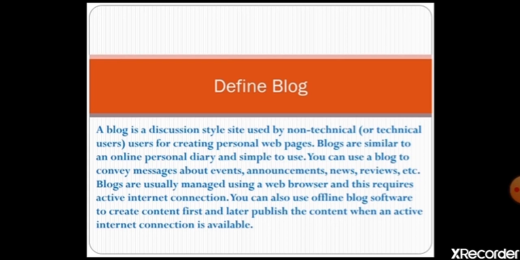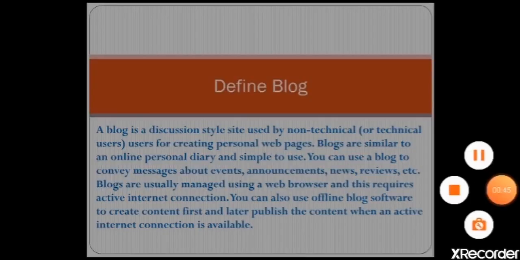Third is the microblog. In this type of blog, small pieces of digital content are posted, which could be in the form of text, pictures, links, or video. It is similar to the posts you make on Facebook or Twitter.